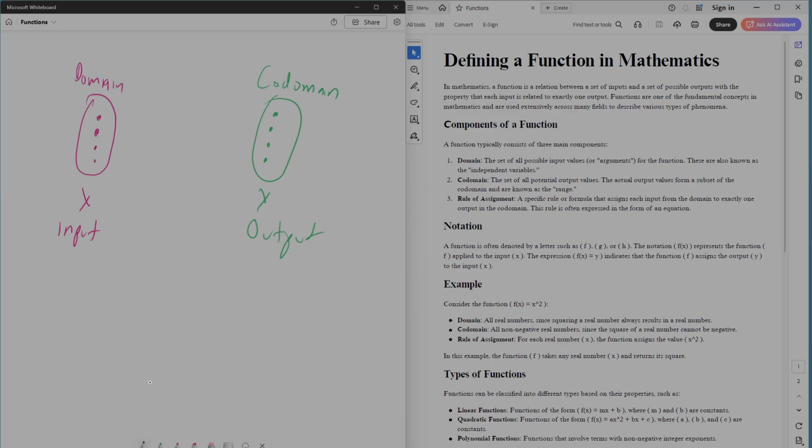So within this codomain, the actual outputs form a subset of the codomain. So let's say this one is the subset that forms the actual output. This will be called the range.